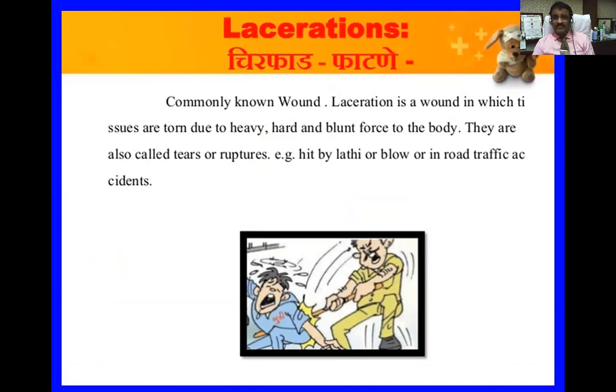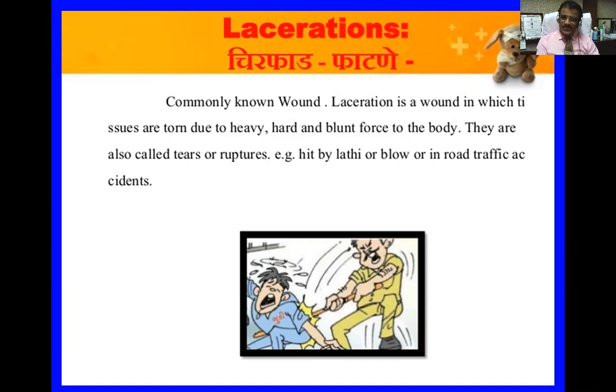For example, hit by a lathi, I have a lathi here, for some reasons I'll tell you afterwards, or a blow, or in road traffic accidents, these lacerations will occur. You can see one picture here where a policeman is hitting a road Romeo.